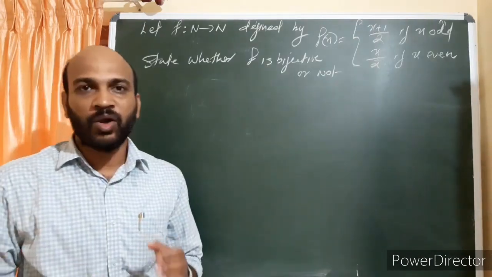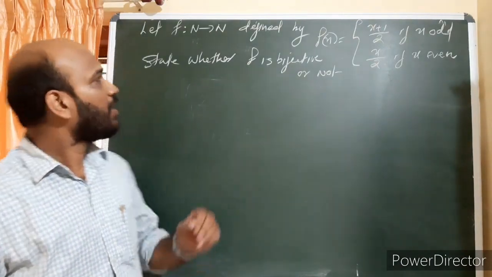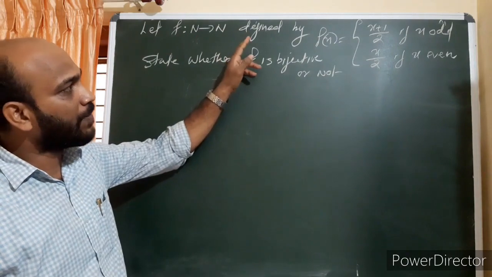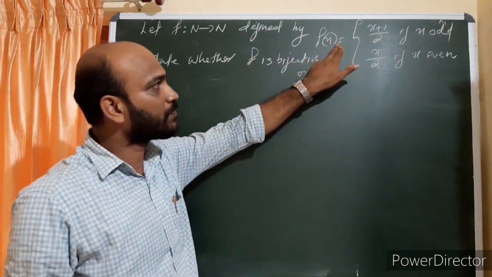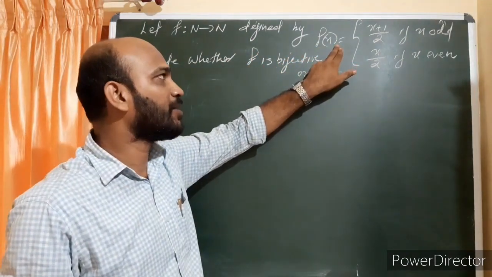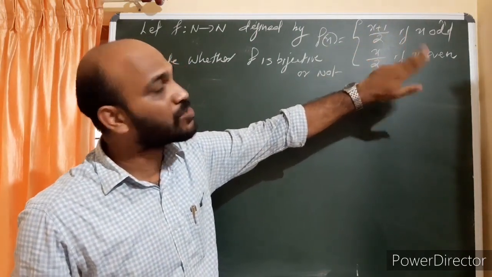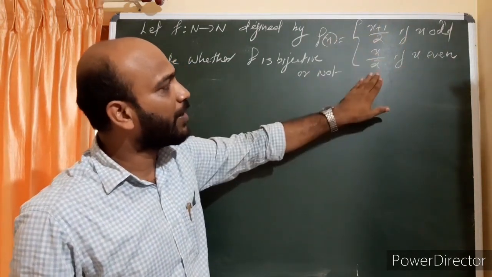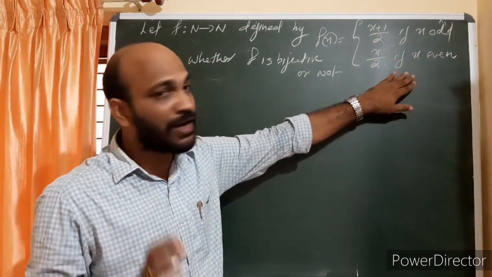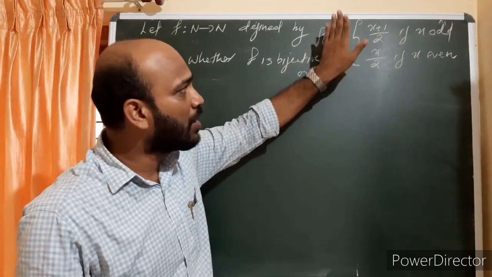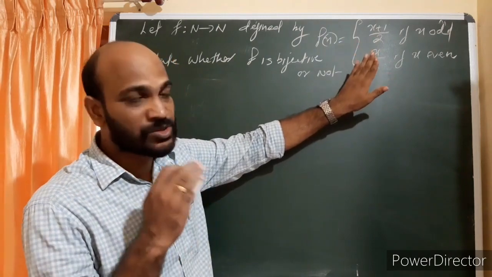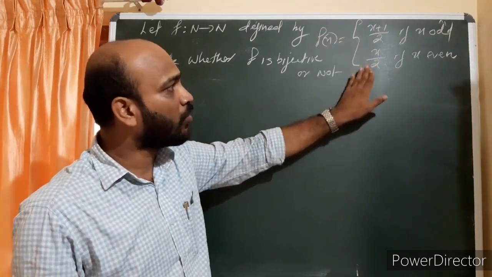Okay. Now consider the fourth question. Let f from N to N be defined by f of x equal to, this is one important question, x plus 1 by 2 when x is odd, equal to x by 2 when x is even. I will read once again. f of x equal to x plus 1 by 2 when x is odd, equal to x by 2 when x is even.